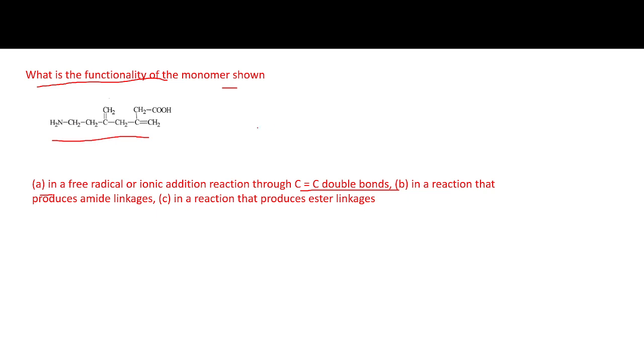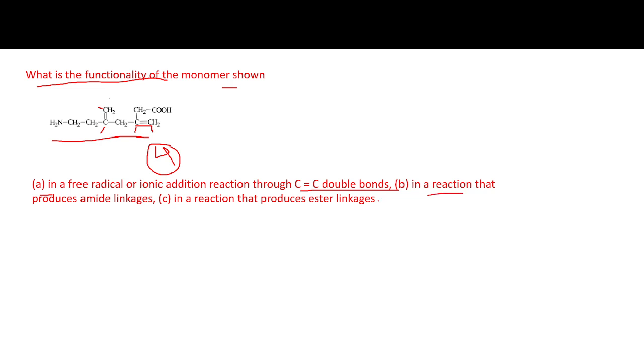There will be two C double bond C here, and also two functional groups here. The functionality is the number of functional groups present in the polymer. In the double bond case there are two double bonds, so the total functionality is 4, because polymerization can happen at both sides.